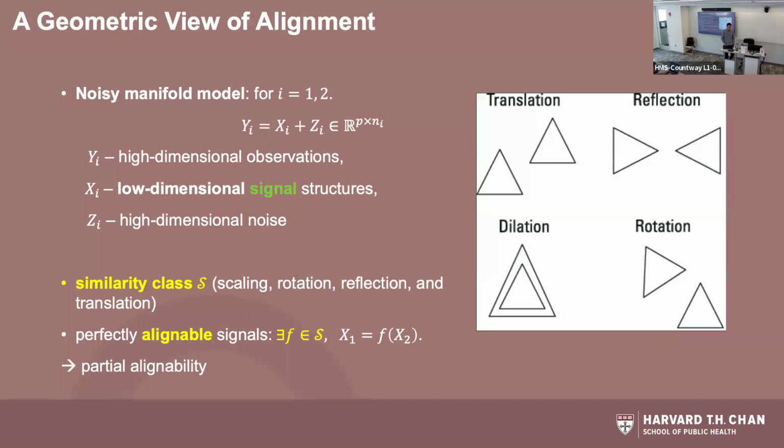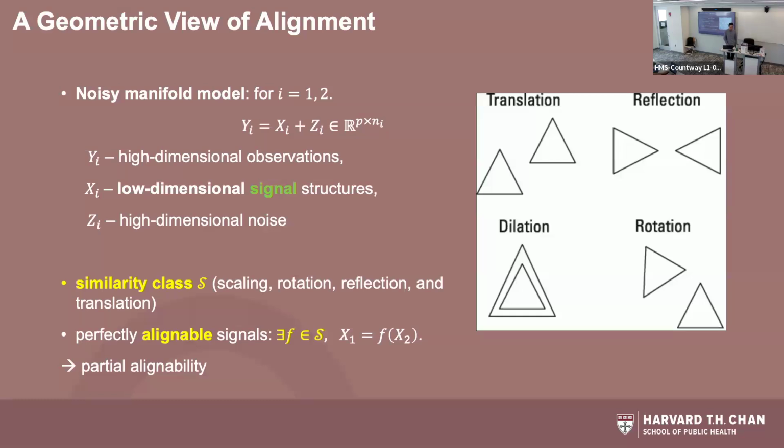Now, by focusing on this class of transformations allowed between the low dimensional structures, we can define the perfectly alignable signal as follows: for 2 underlying signals X1 and X2, there exists some transformation f in this similarity class, so that they are perfectly matched.